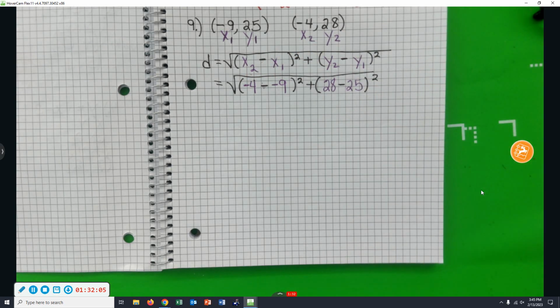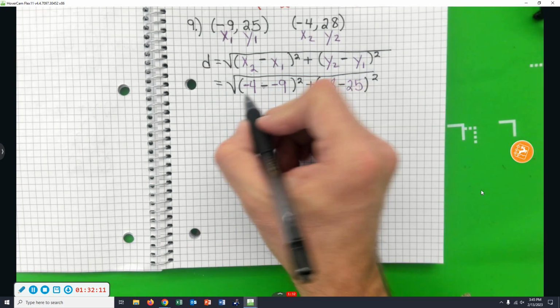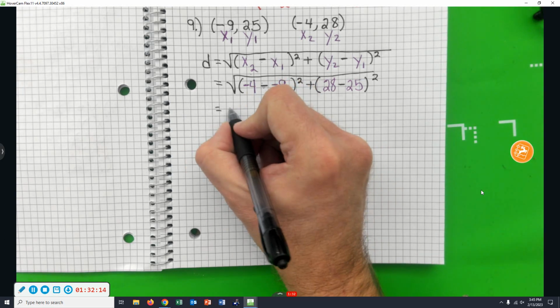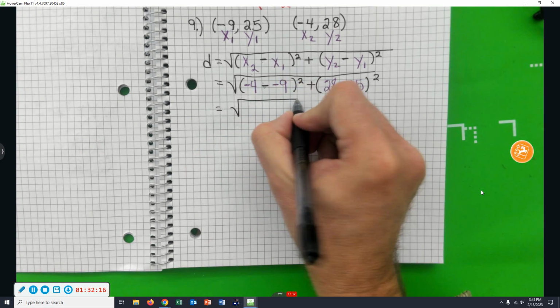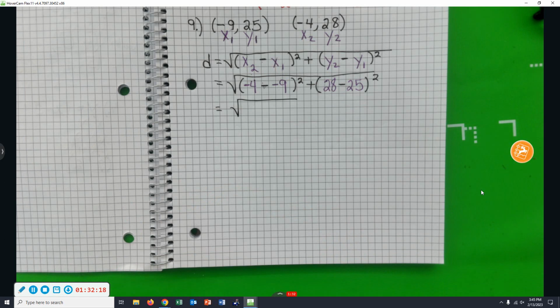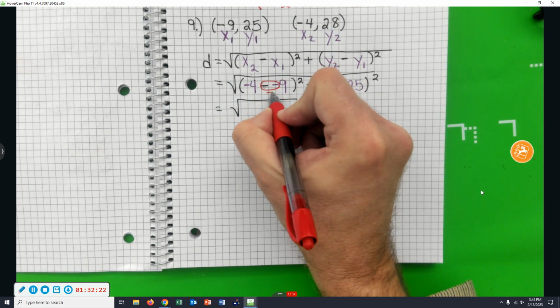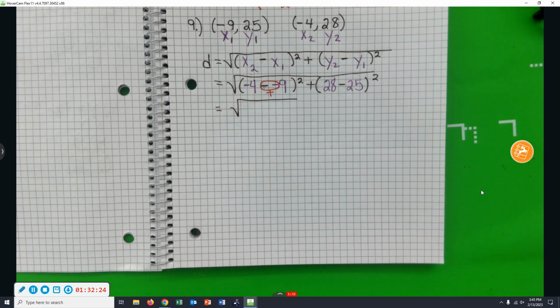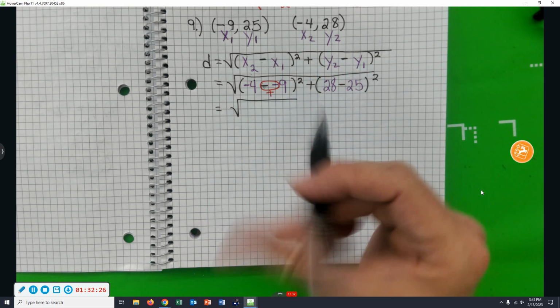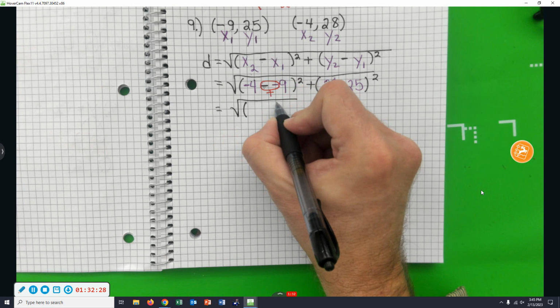That's not tricky, 28 minus 25. But it's here where we have these minus and negative. Watch out. The minus and negative, we can think of it as a plus. So what number are we getting inside this first set of parentheses?